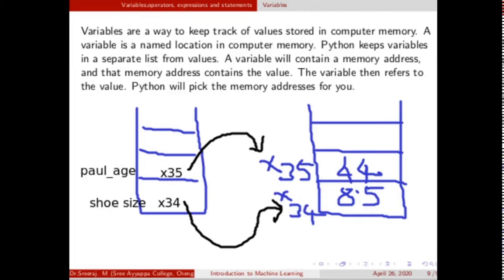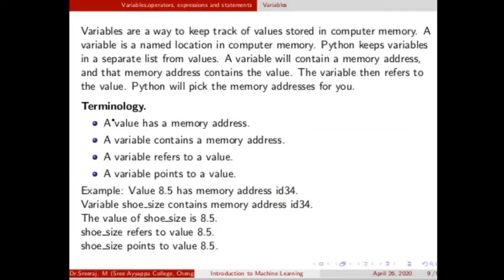Here is some terminology we use for declaring a variable. A value has a memory address, and a variable contains a memory address. A variable refers to a value, and a variable points to a value.